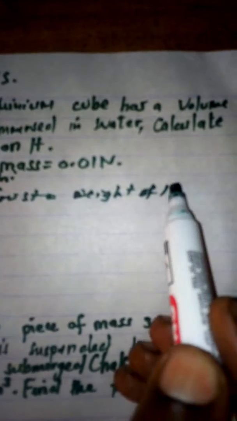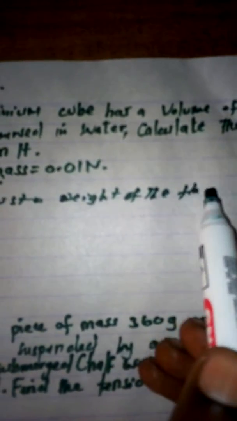So basically here we use the principle of Archimedes. In your solution part, you can write that the upthrust is the same as the weight of the fluid displaced.